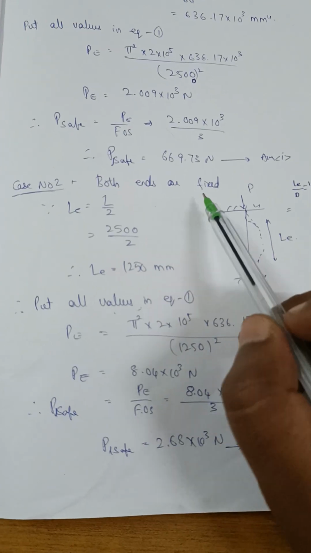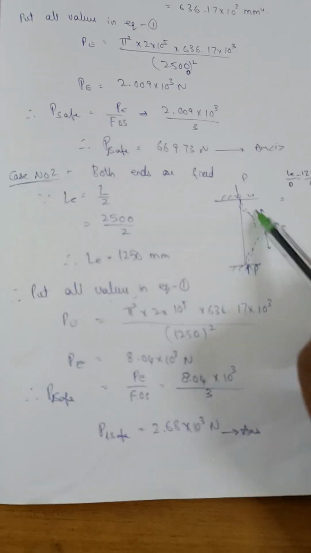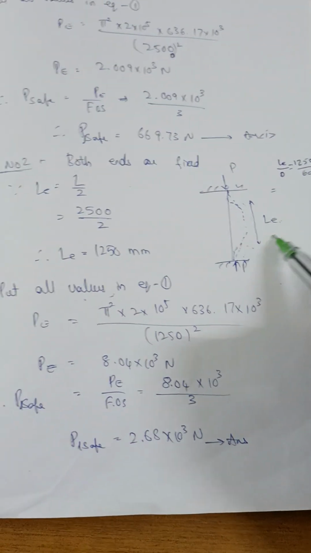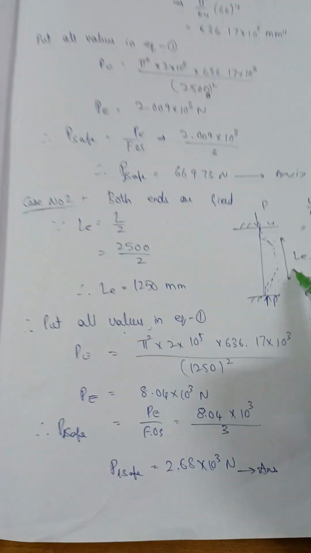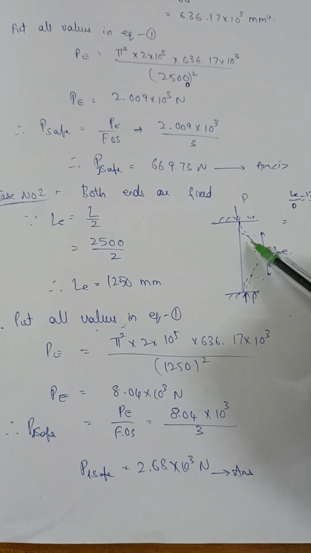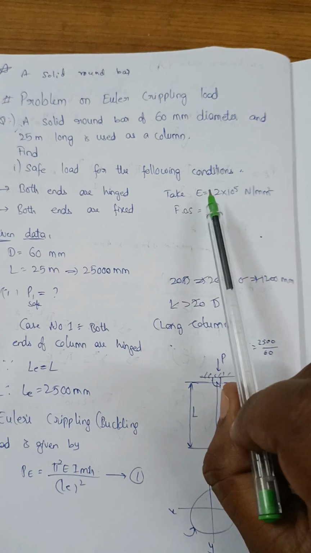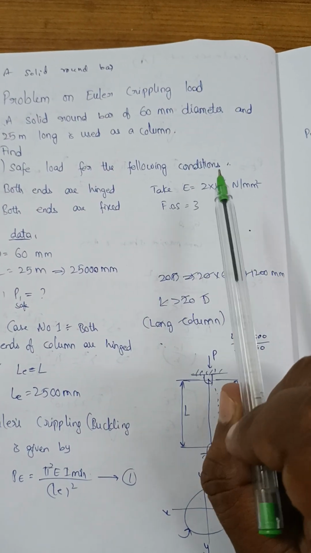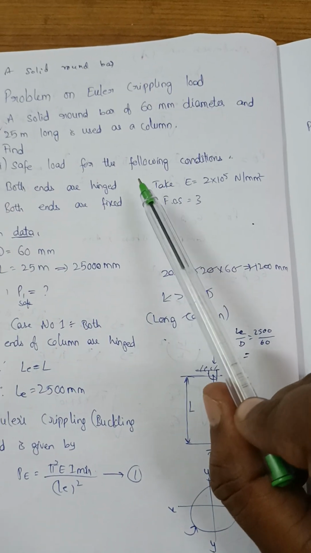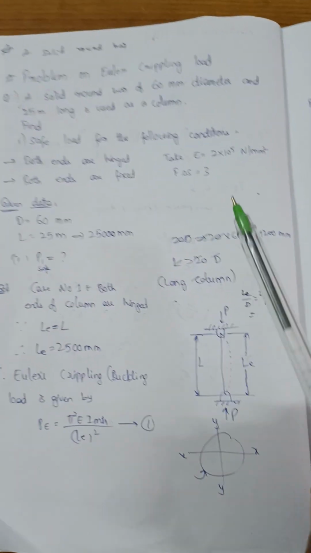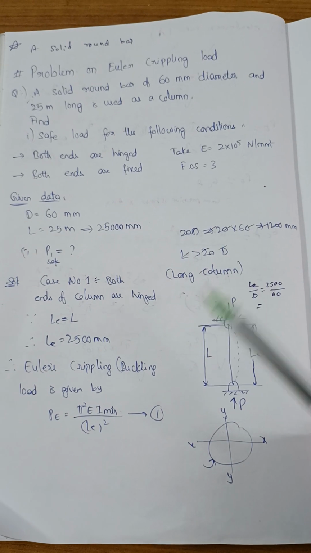The second case, when both ends are fixed. When both ends are fixed, the effective length is equal to L by 2. In the question, he has not mentioned to use Euler's formula, and he has not mentioned whether it is a long column or short column. But how do we come to know it is a long column and we have to apply Euler's crippling load formula?